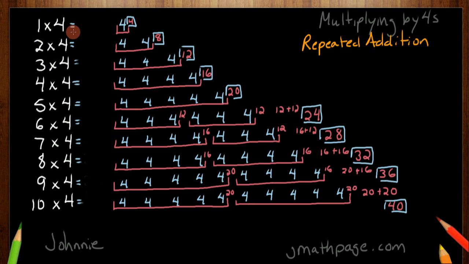1 times 4 equals 2 times 4 equals 3 times 4 equals 4 times 4 equals 5 times 4 equals 6 times 4 equals 7 times 4 equals 8 times 4 equals 9 times 4 equals 10 times 4 equals.